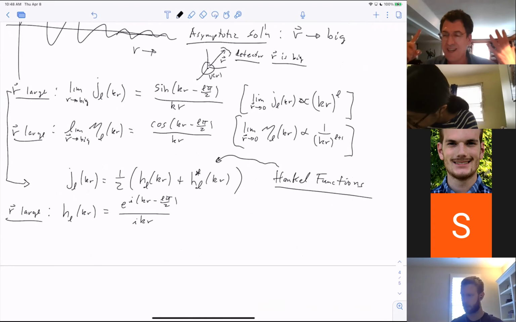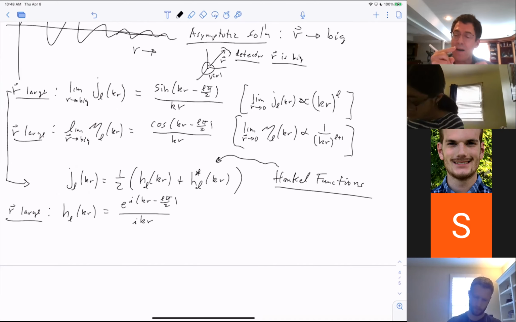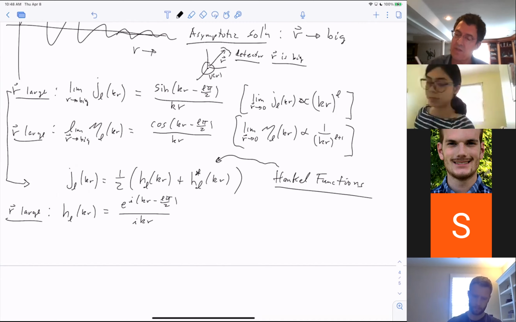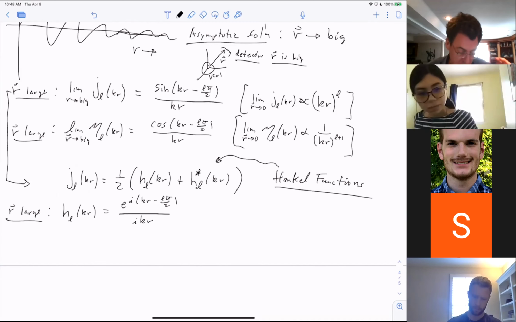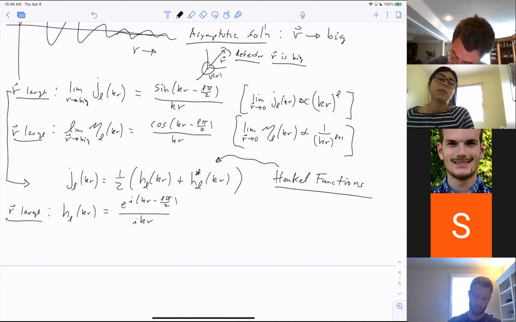So you see, it's just an exponent, but it has a few added little things. There's a little minus L pi over 2 in the exponent, and a little i kr on the bottom, but don't get caught up in those little details. Just remember, it's just an exponent, and this is an outgoing wave.